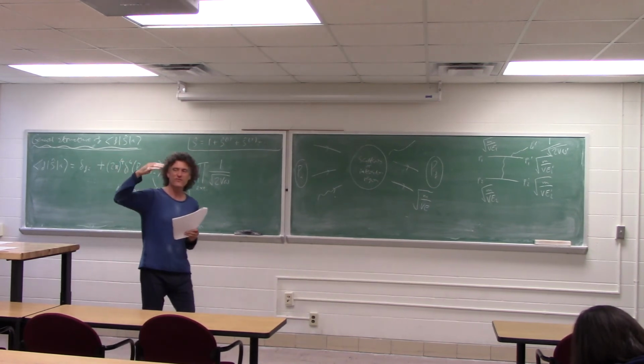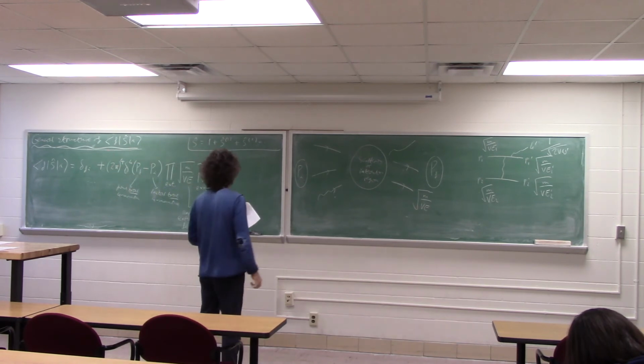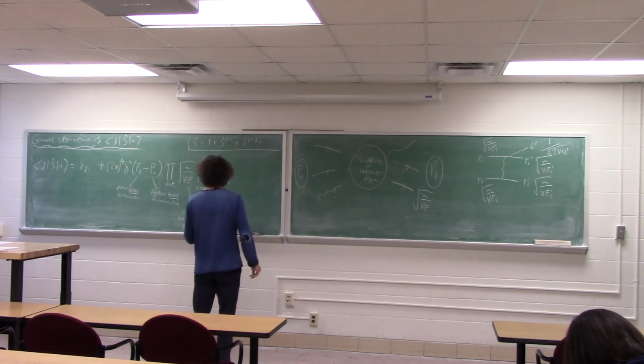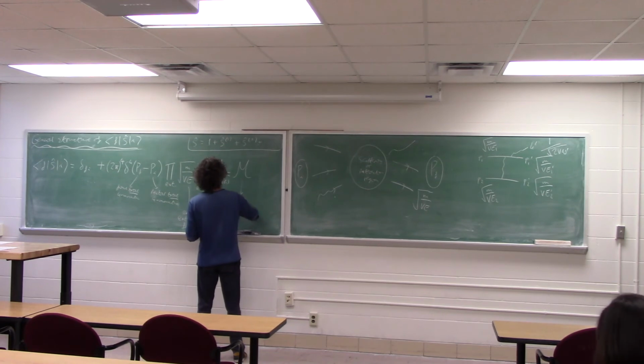These come from those factors that were in the field expansions of the operators, and that's how they end up in the matrix element. So this is the general structure, multiplied by this thing called the Feynman amplitude.